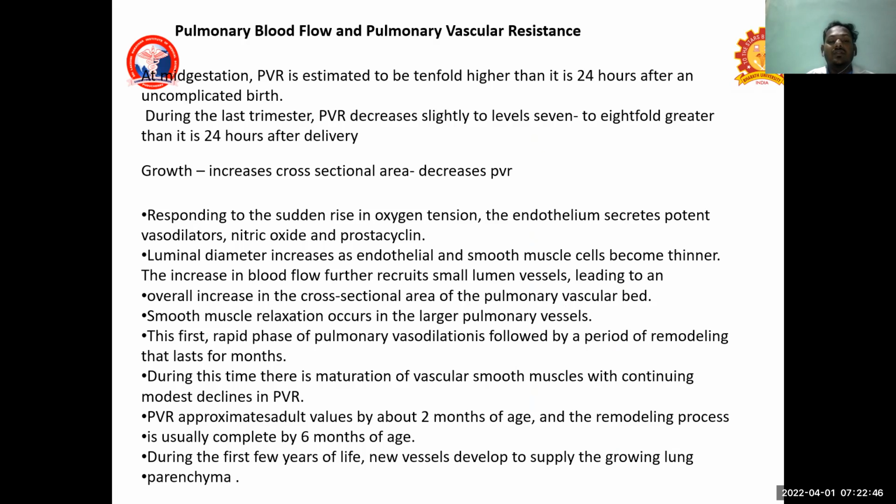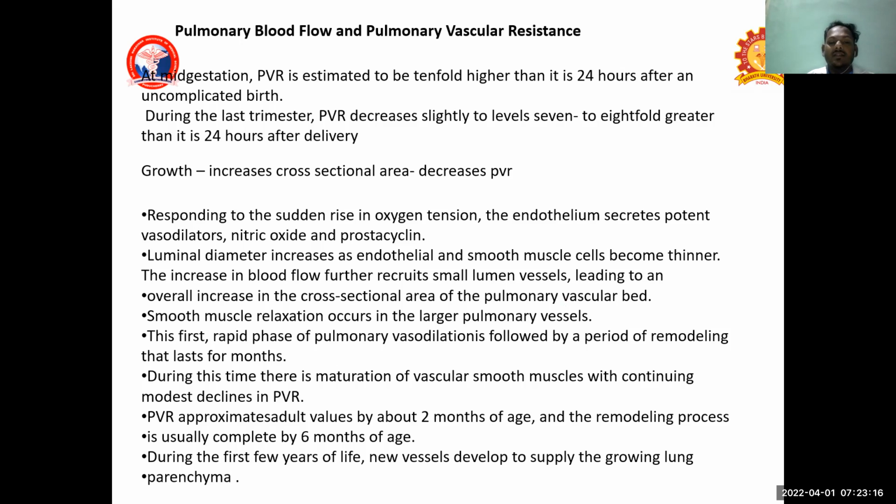Mid-gestation pulmonary vascular resistance is estimated to be tenfold higher than it is 24 hours after an uncomplicated birth. During the last trimester, pulmonary vascular resistance decreases slightly to levels still 8-fold greater than at 24 hours after delivery.